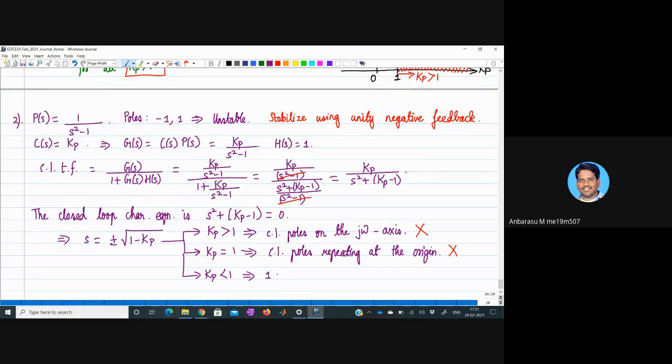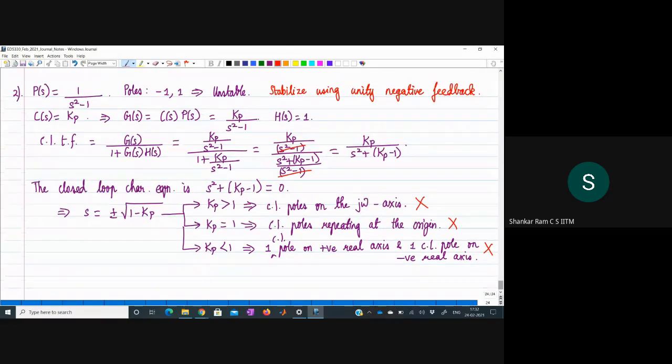Poles on both the left side and right side. So one closed loop pole, to be very precise, on the positive real axis, and one closed loop pole on the negative real axis, right? So is this something which is desirable? Once again, no, because this will make the closed loop system unstable.